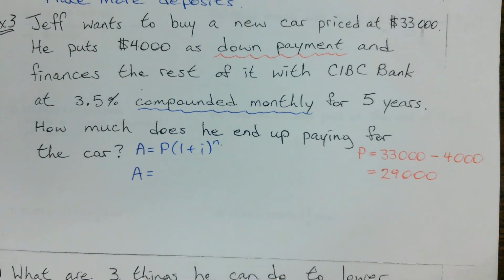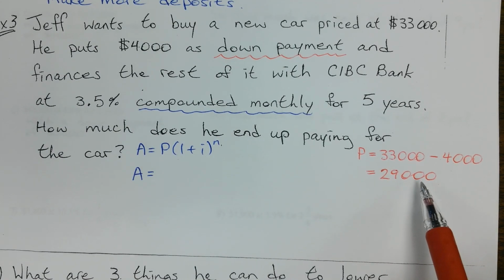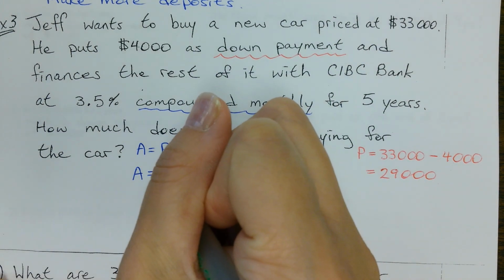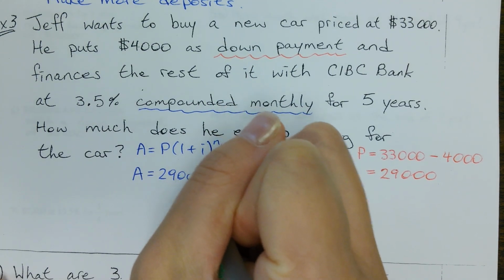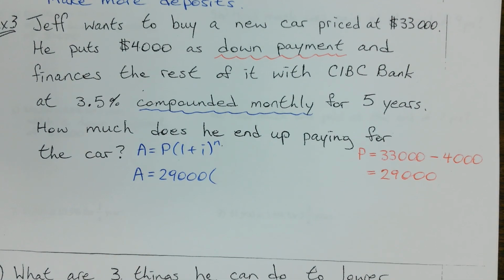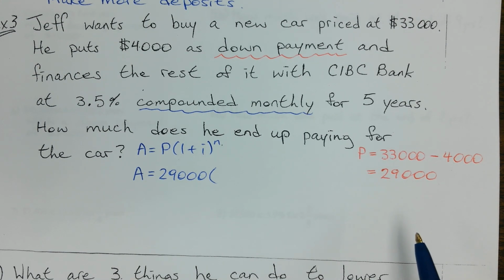So a lot of people do down payments. Why do they want to do that? So why don't I just keep that $4,000? Why do I want to put it in the car at the beginning? Why do people pay down payments?